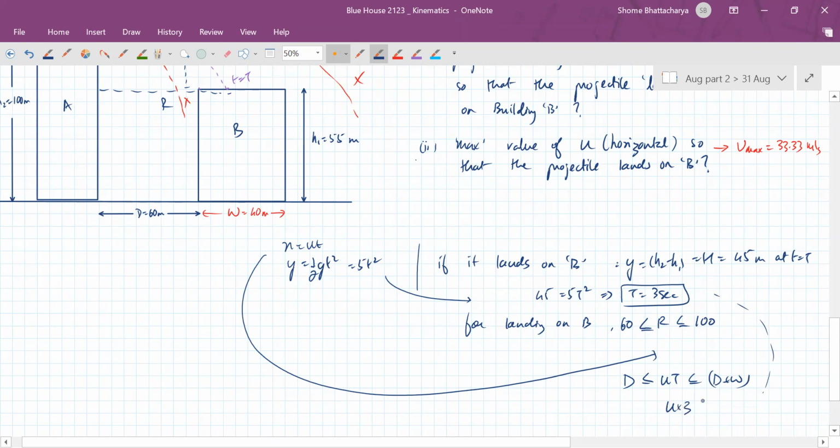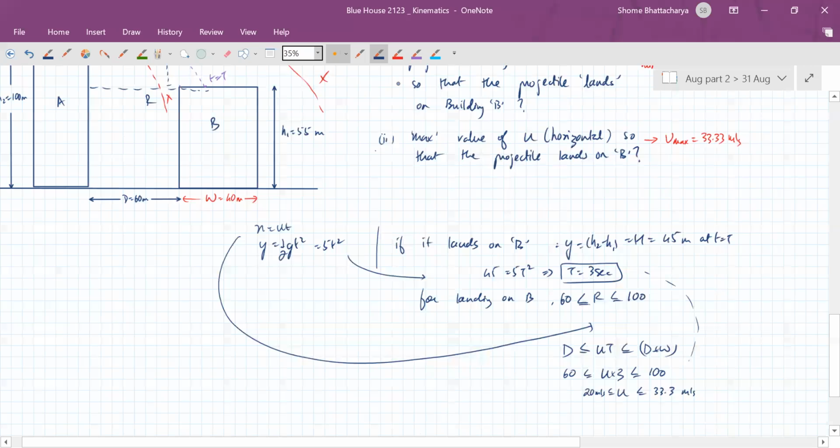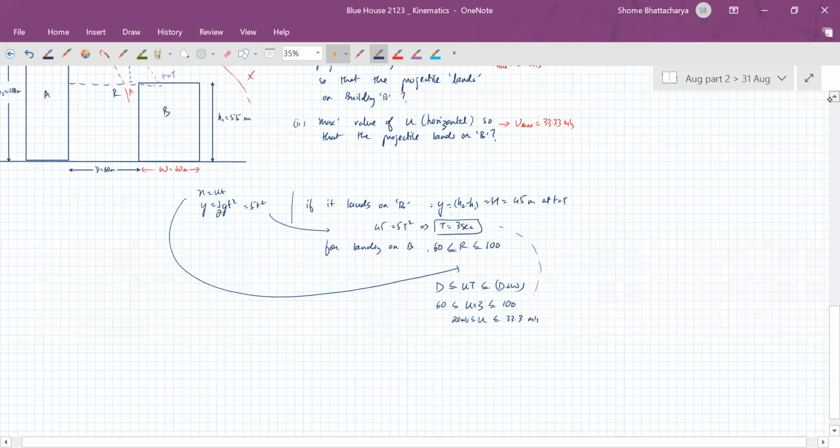So u into 3 should be in that range, so that's how we get that u should be greater than equal to 20 meters per second. And at the same time, it should not exceed 33.3 meters per second. Okay. So this kind of situation becomes pretty common at JEE level for application of projectile motion.